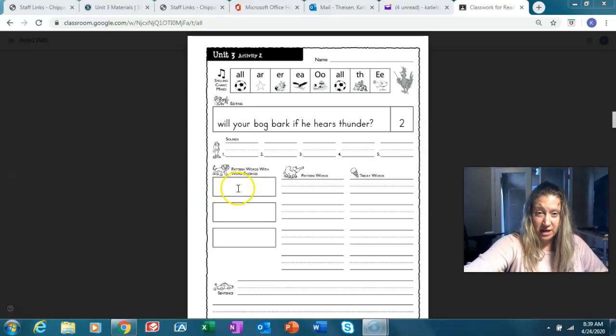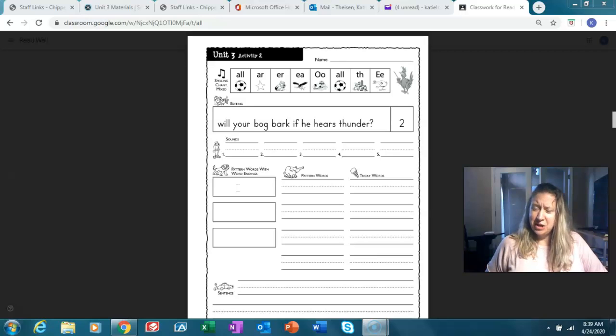Okay. First, write tall in the box. What's the first sound you hear in tall? T. And then how did you spell all? A-L-L. What word do you have there? You have tall.